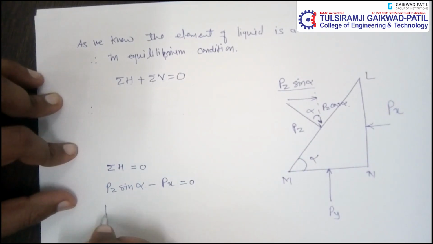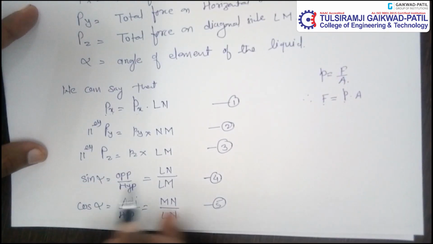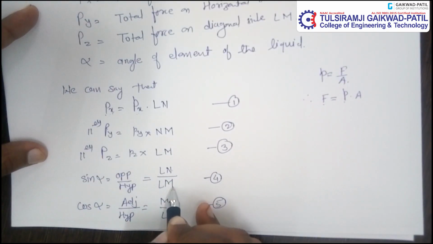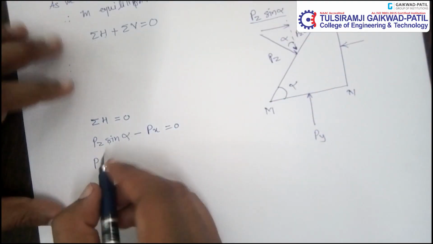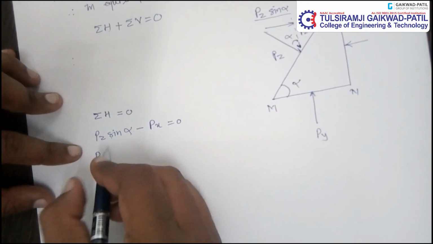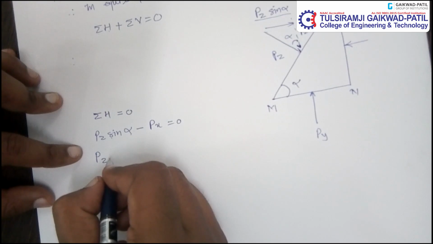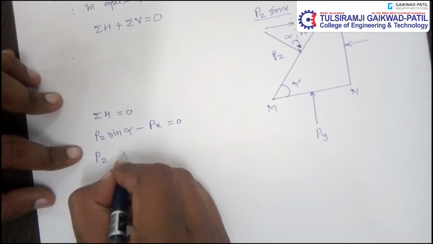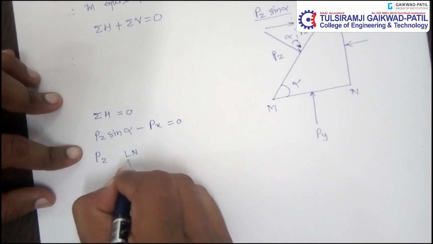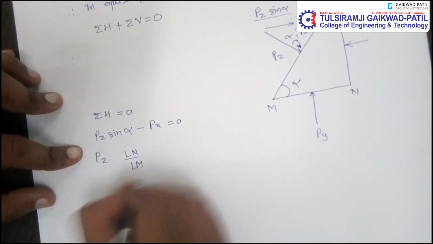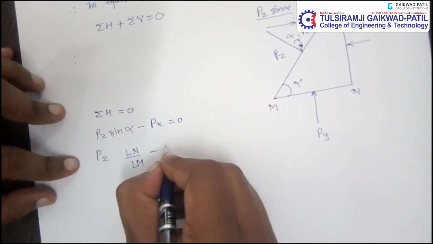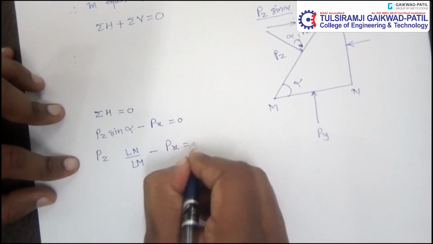So Pz is as it is. What is sin alpha? हमने इसके पहले derive किया है. Sin alpha is, see here, sin alpha is LN upon LM. So we will write here Pz into LN upon LM minus Px is equals to 0.